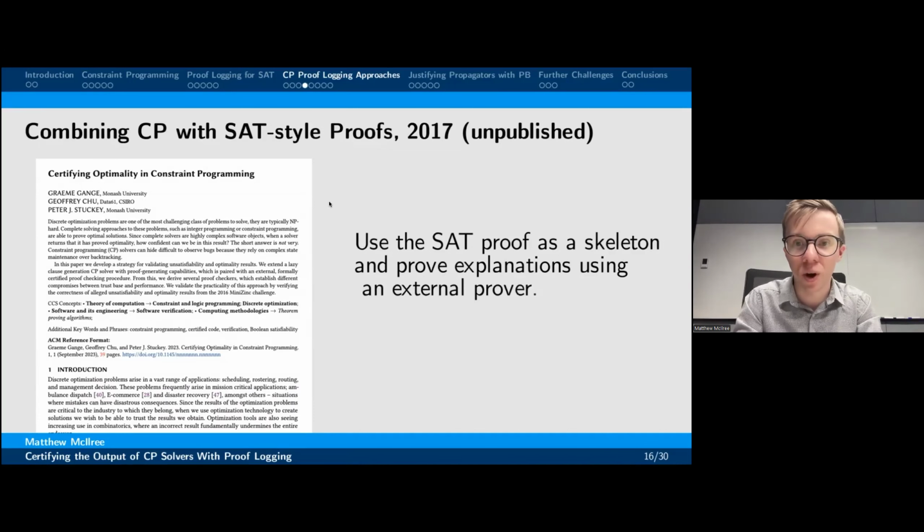Now, this is quite nice because you don't need to have a model of the problem. You just need to trust that all of the explanations are correct, and then you can use the SAT proof as the skeleton. And what they did is they set up a formally verified, basically theoretical mapping of a CP problem in terms of higher order logic.